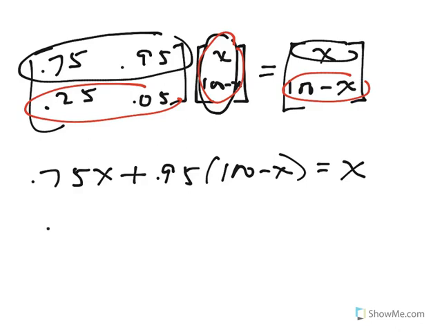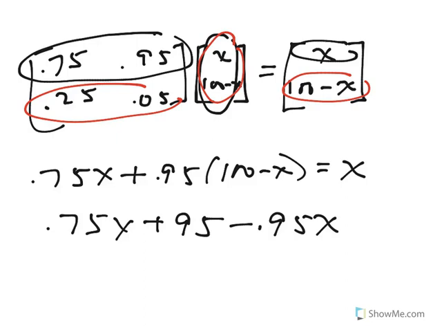Now I get 0.75x plus 95 minus 0.95x is equal to x. This ends up being 1.2x equals 95.